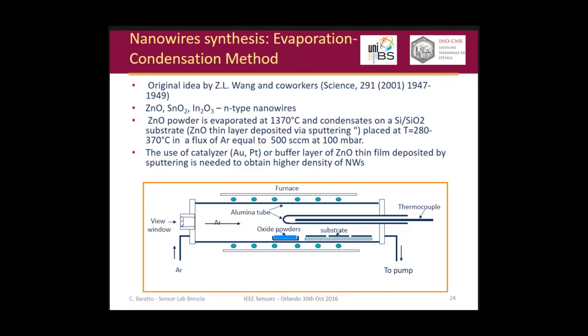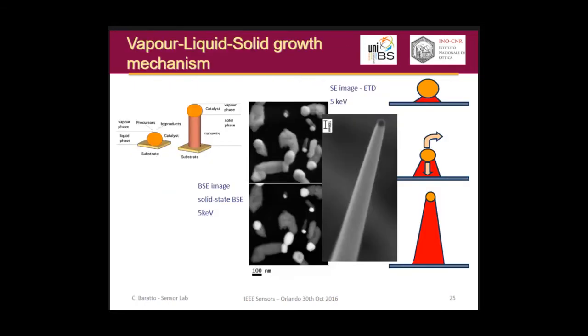Typically, this type of growth needs the use of a catalyst. It means the growth starts when you have small particles of gold or platinum, which are the most commonly used, to start. And this is a bottom-up technique.